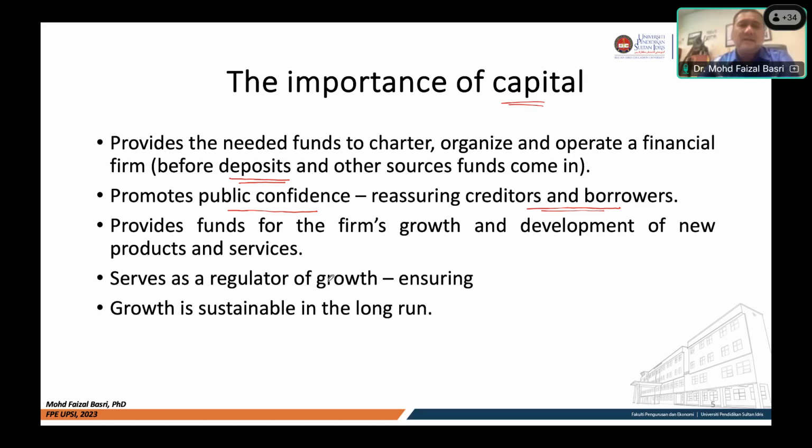Okay. Number 4, serves as a regulator of growth. Okay, it's ensuring obviously even individually macam kita pun, we need to have a very strong reserves. Kita kena ada certain amount of money in our bank account so that we can sustain if anything bad happens to us. Okay, and this growth is sustainable, especially in the long run. Okay, so that's why the capital is very important. Okay, it's like you imagine like yourself lah.